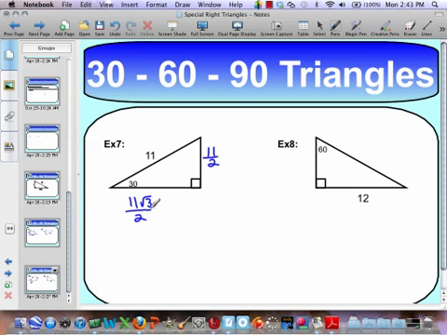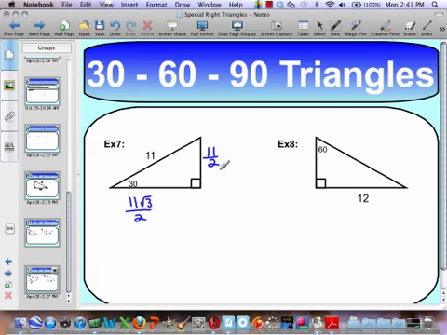Okay, now number 8 is a little tricky. What are we given on number 8? We're given the longer leg. Where's the root 3? It's not there. It is there, but it's somewhere inside 12.